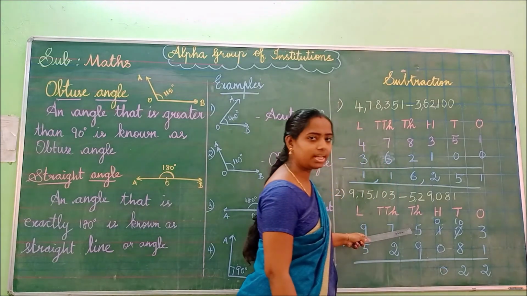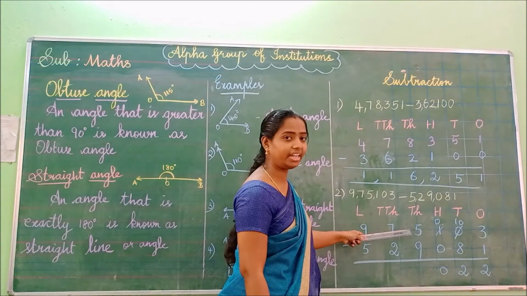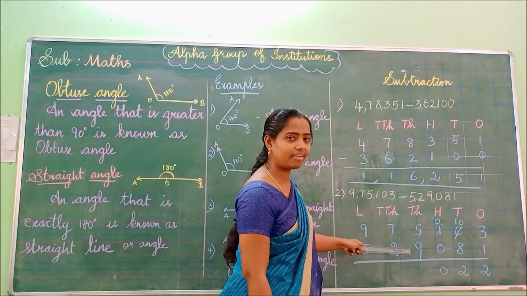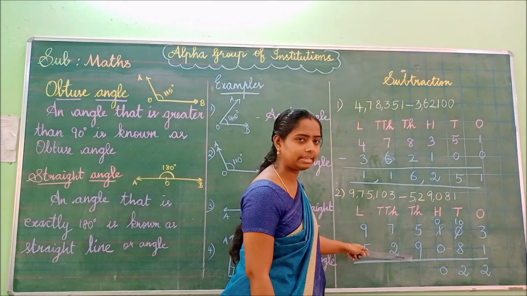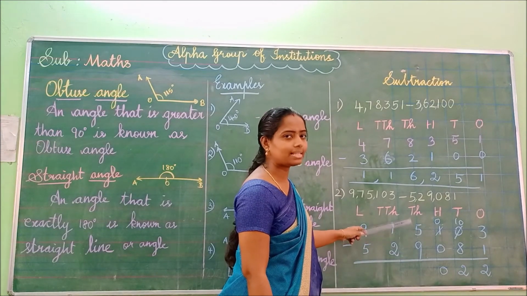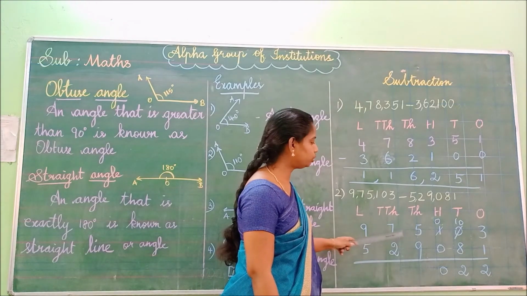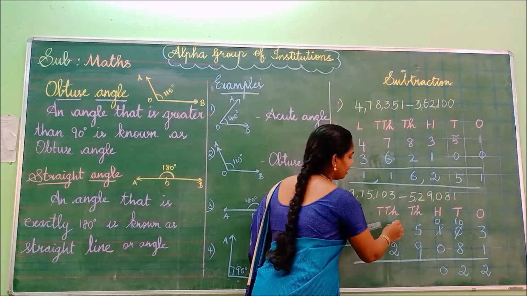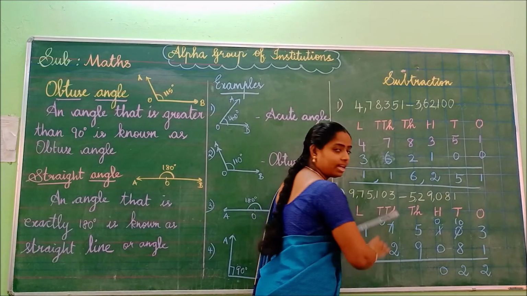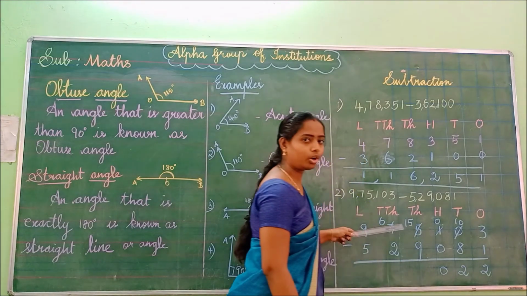Okay, children. Then move to the thousands place. See here the 5. The next number is 9. 5 is smaller than 9, isn't it? So we cannot subtract 9 from 5. So we have to borrow from the next. Okay. So 7 becomes 6 and 5 becomes 15.